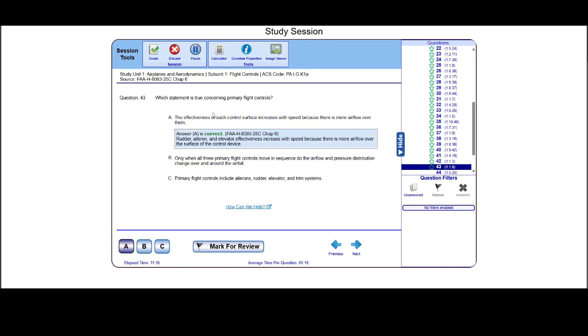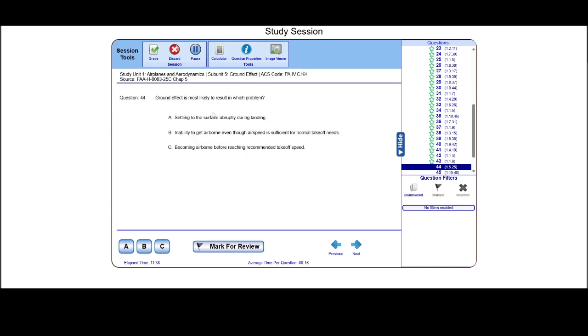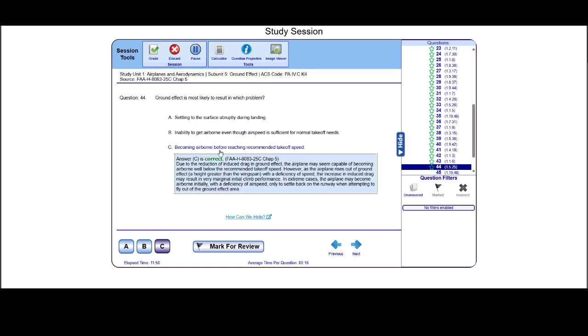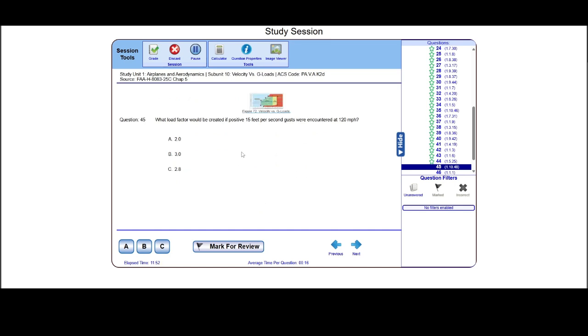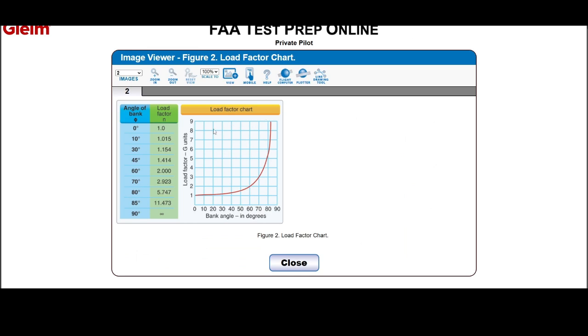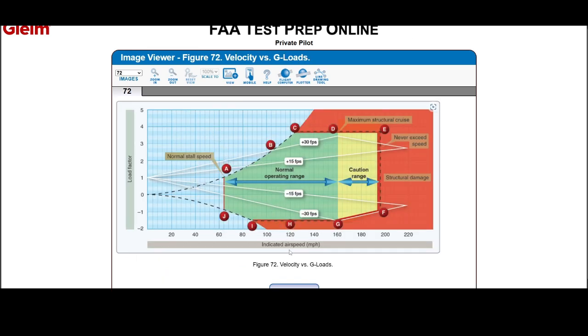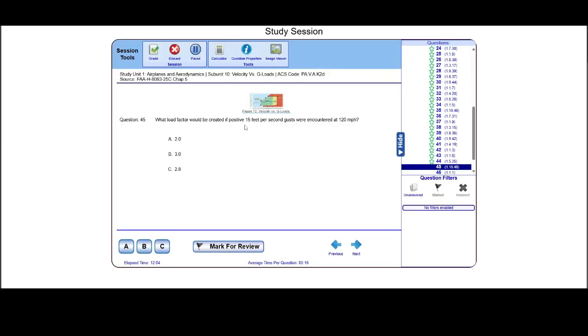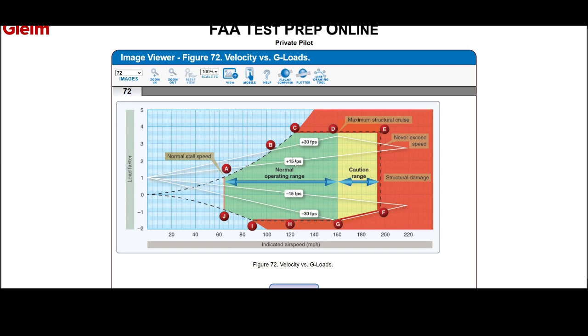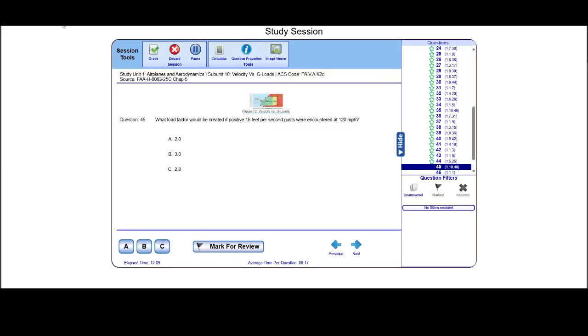A. Which effect is most likely to result in which problem? Oh, ground effect. Okay. So I'm going 15 feet a second at 120 knots. Go to 120 knots here, and then go 15. Oh no, it's a negative or positive, so 15 would be 2 on the load factor.